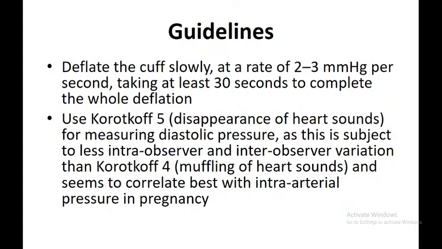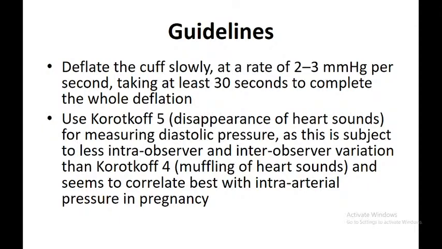And in pregnancy, we usually use Korotkoff 5 for measuring the diastolic blood pressure. Korotkoff 5 is nothing but the disappearance of the heart sounds. We usually take Korotkoff 5 for measuring the diastolic blood pressure because it is subject to less intra-observer as well as inter-observer variation when compared with Korotkoff 4, that is the muffling of heart sounds.